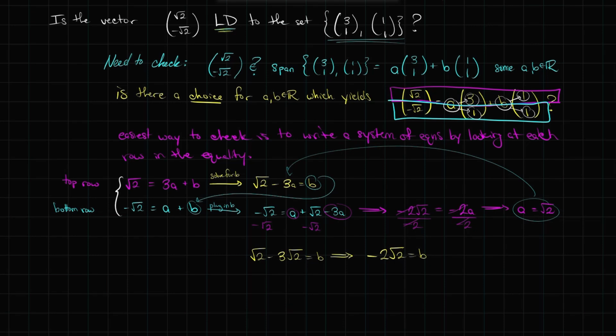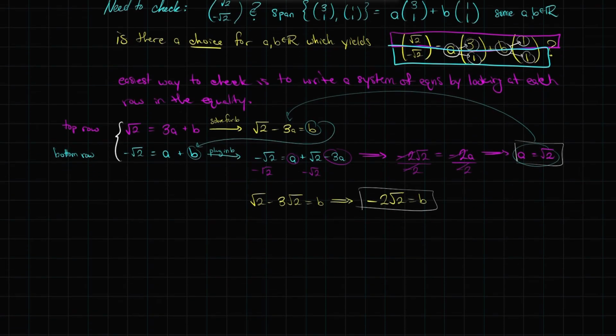And so I've found an A and a B which give me the ability to reconstruct my original vector. So what have I found? I found that this original vector, root 2, negative root 2, is equal to A times 3, 1. But what was A? A was root 2.